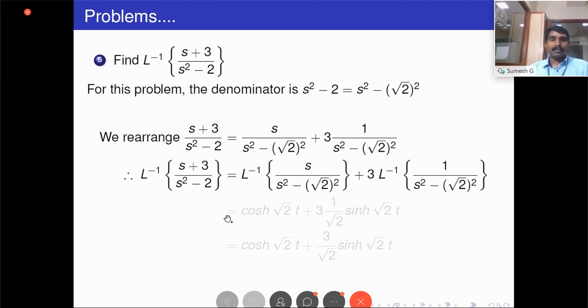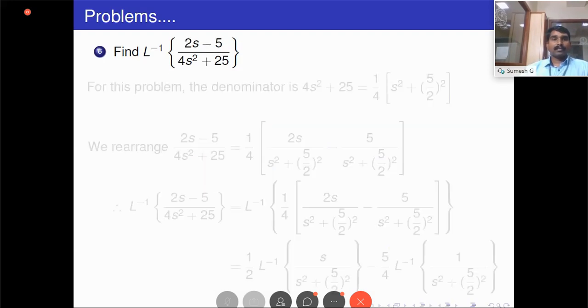So it becomes L inverse of s/(s² - (root 2)²), which is cosh root 2 t, plus 3 into 1/root 2 sinh root 2 t. It reduces to this form.